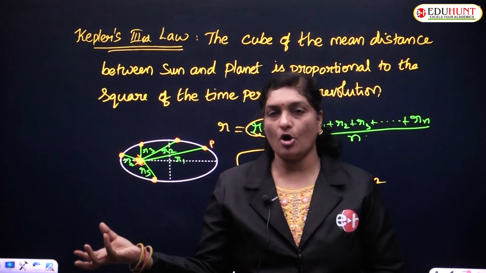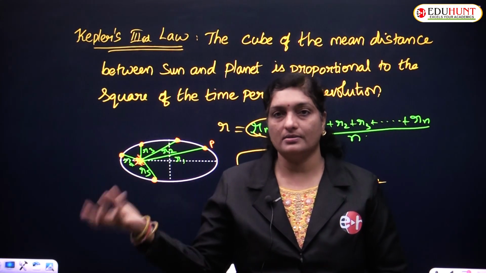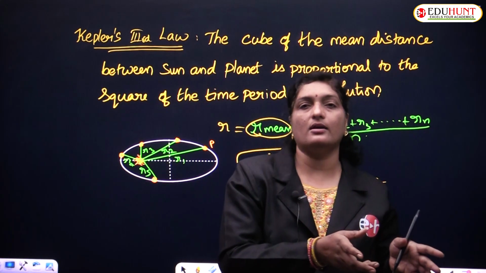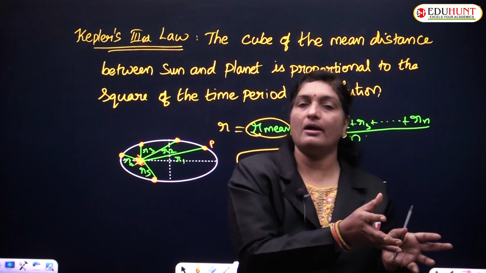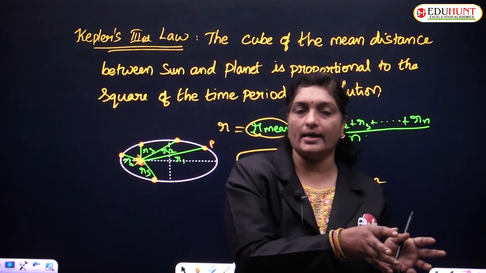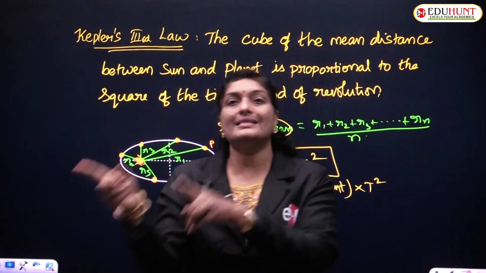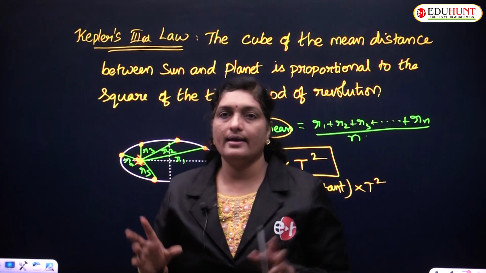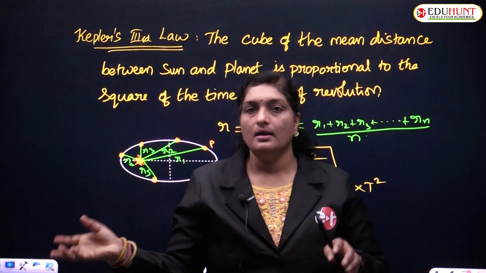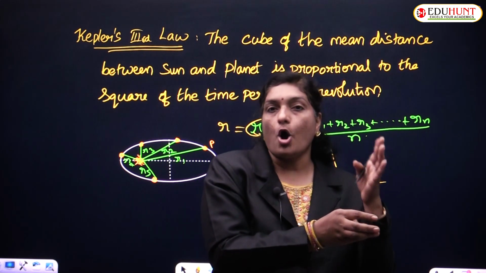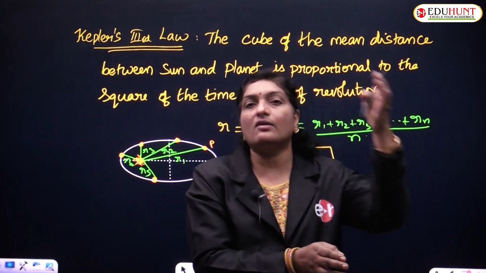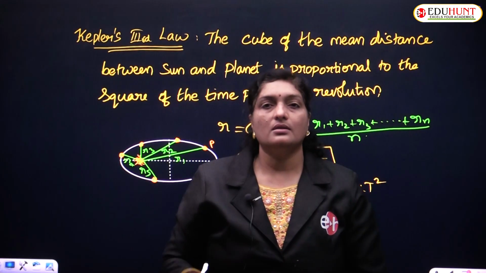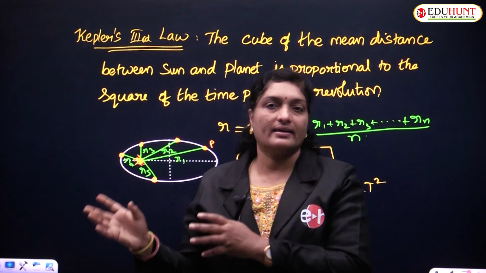For example, if Earth exerts some amount of force on another object, then that object also exerts equal amount of force on Earth, but in opposite direction.